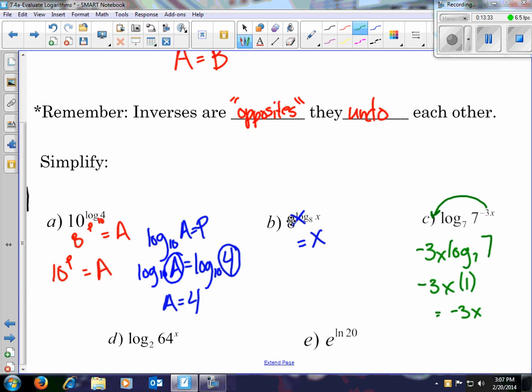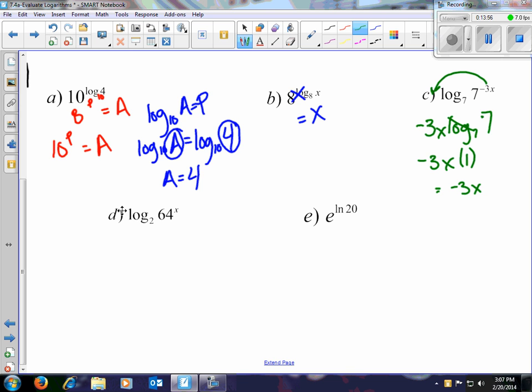Now, it's basically the same concept as this. Since I had base 8 for my exponent and base 8 for my log, I can do the same thing here. I have base 7 for my log and 7 as my answer, so I can move this, cancel this piece, and I'm left with my exponent. Now, this is an awesome trick, so let's do the next one.